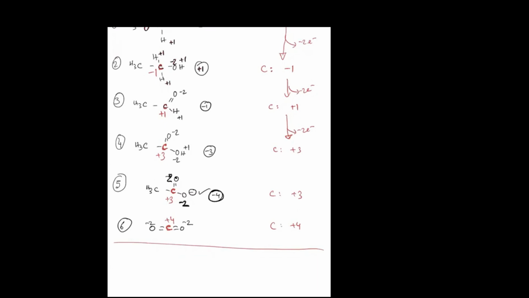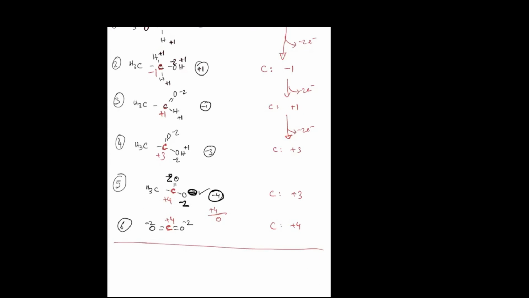If I make it +4, let's make it +4 for the sake of it, then it will be neutral, right? So +4 -4 is going to be 0. But look, my charge is not 0. I have a negative charge here, right?